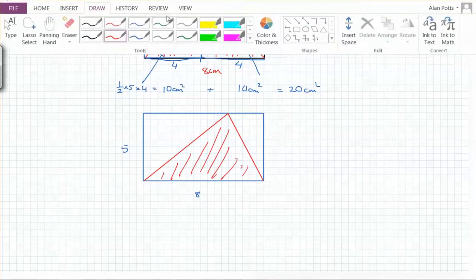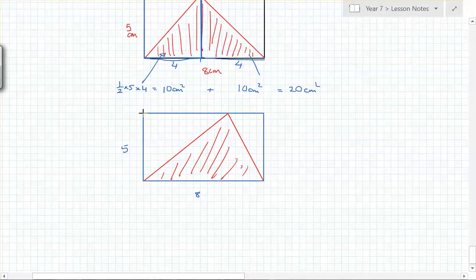Well, again, what if I were to split this triangle but do it with 2 different sizes? So if I do this triangle, well, let's say this length is 6 and this is therefore 2, right? Let's work out the areas of the 2.